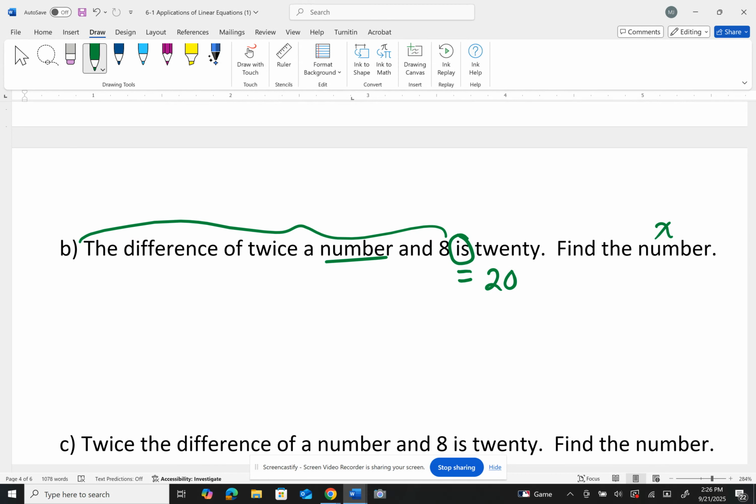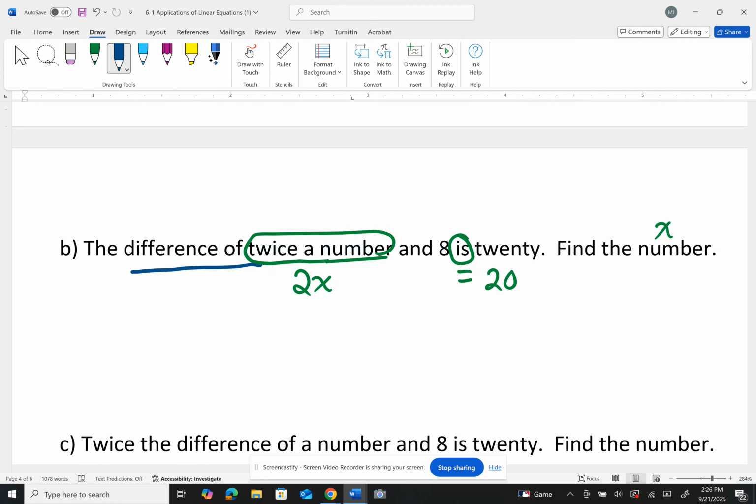And I think, okay, I want my number to be x. Now leave yourself some room on both sides of that. Because what you're going to do is back up now until you hit an operation word. So now you need twice a number. That would be 2x. Okay. Now you're going to need the difference of twice the number and 8. Difference means subtraction.